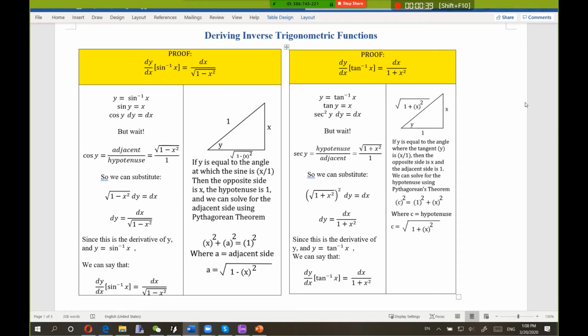Okay, so I'm starting with my attempt to derive the inverse sine of x.